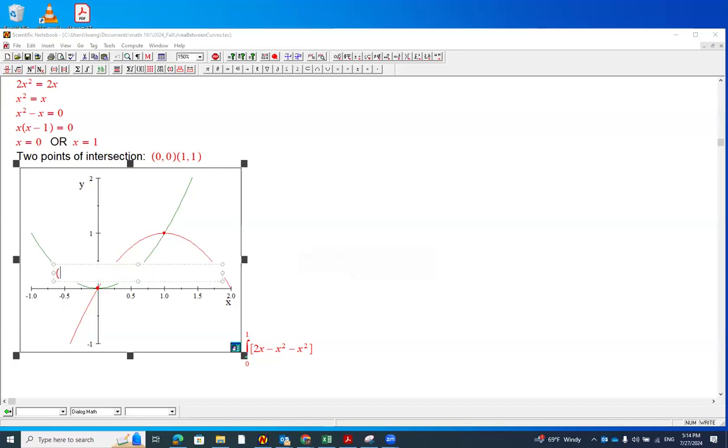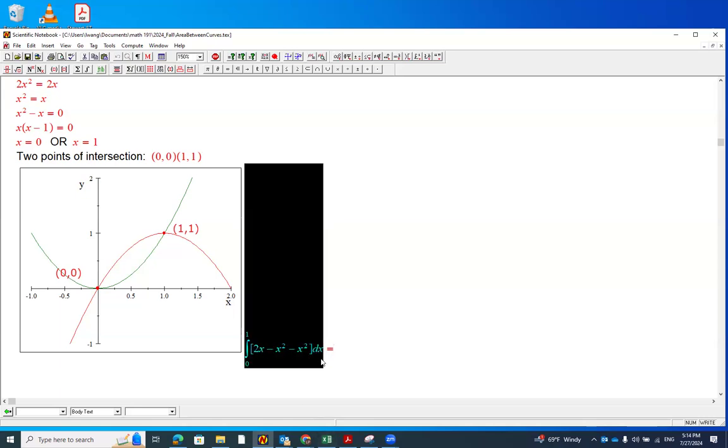So this one is 0, 0. And the other point is 1, 1. Here we go. So we have 2 points of intersection and we're integrating with respect to x. So this is dx. And then we're going to finish the integration.